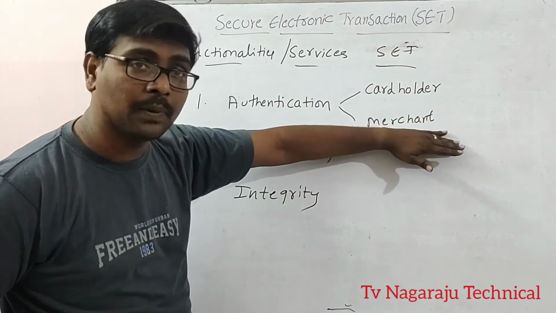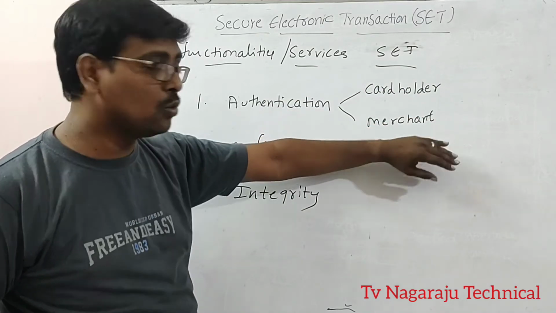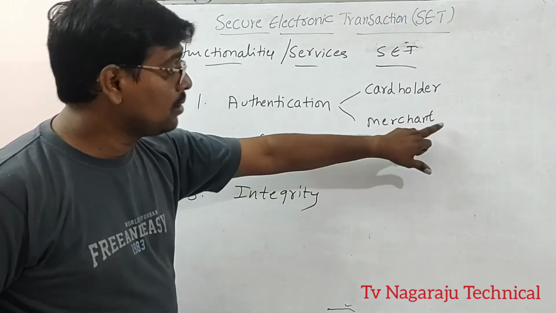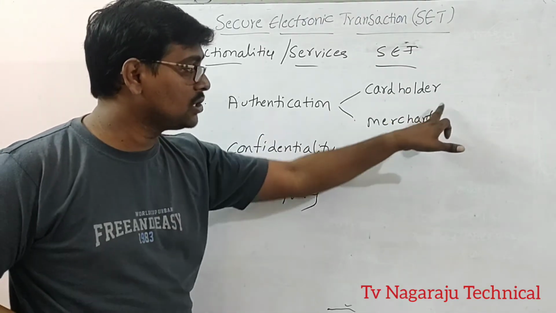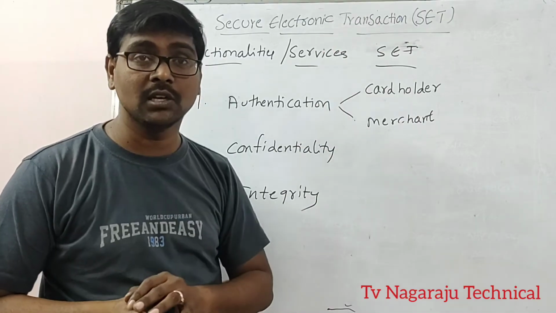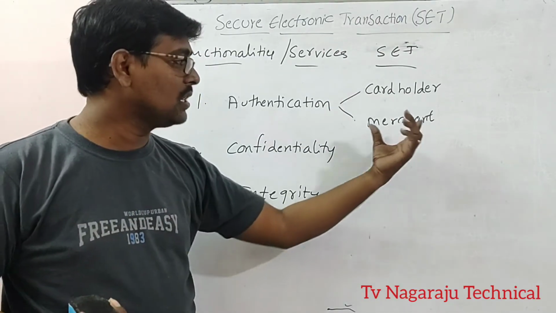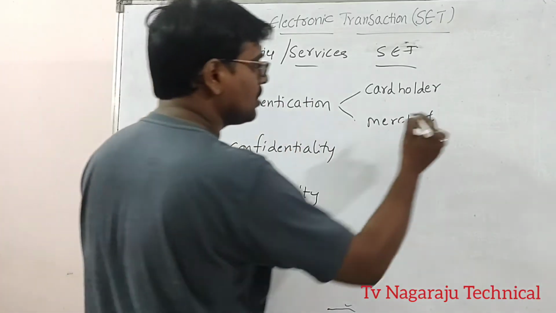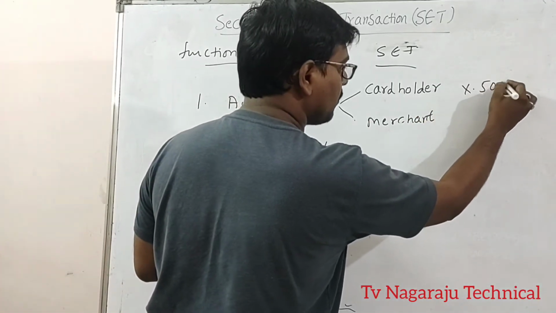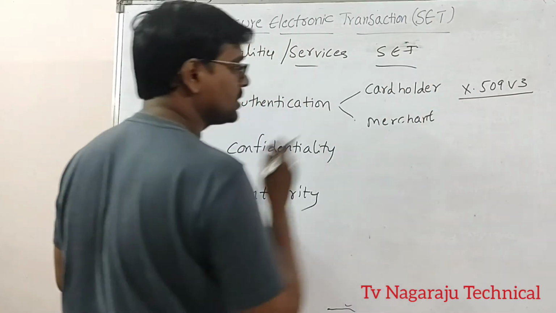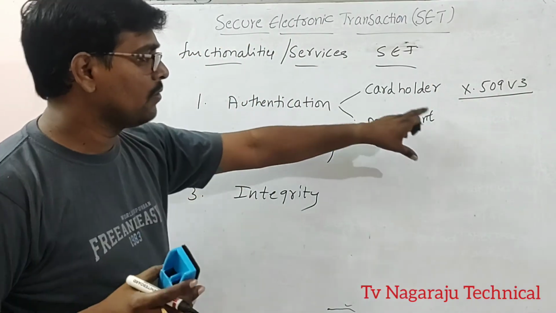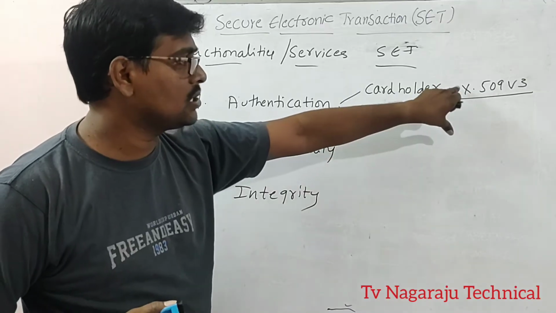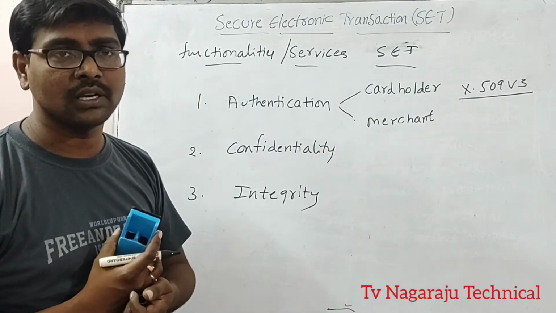He is the original person who sells the product and receives the payment. Using the previous relationships between the merchant and the financial institution, we can also verify that the merchant is authentic. Generally, for this they use X.509 V3 certificates for verification, either cardholder authentication or merchant authentication.